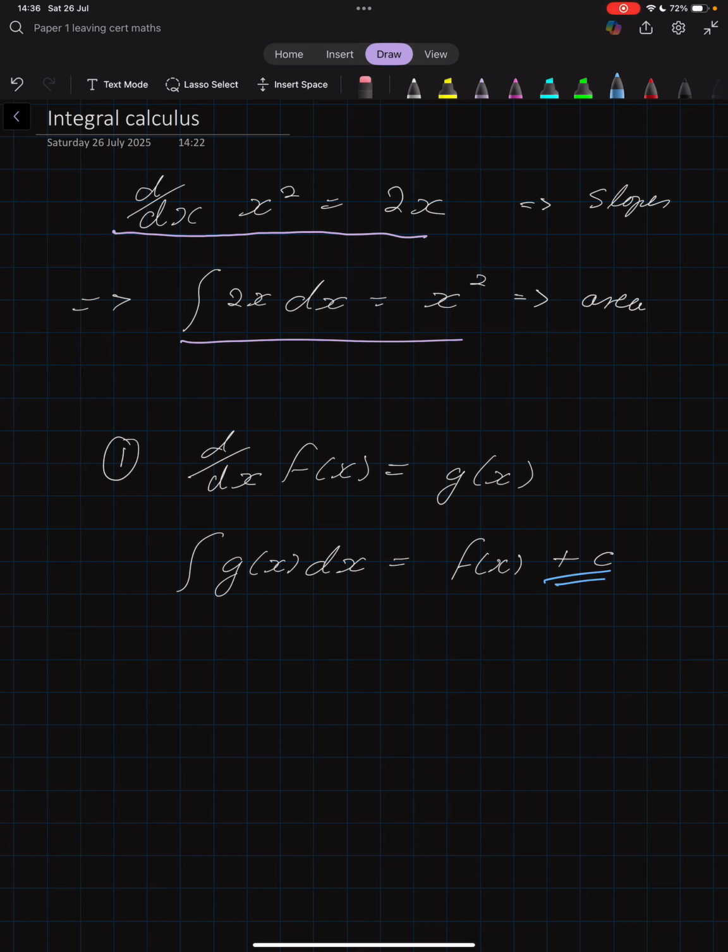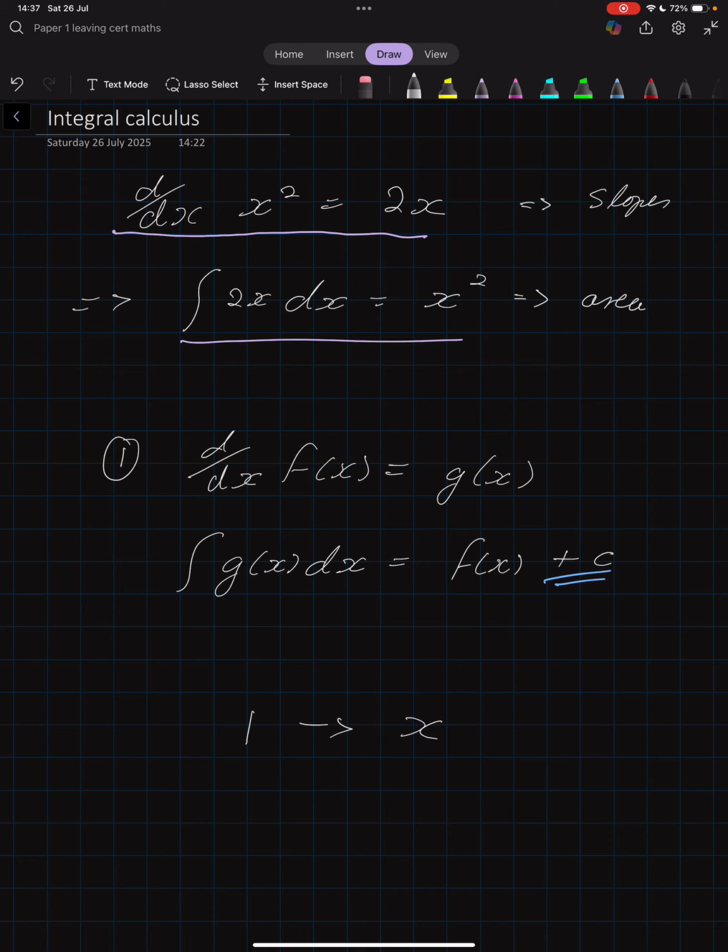The reason you have to do plus c is you're adding a constant. It could be 1, it could be 3, it could be minus 2.4, whatever. If you're integrating, you always get this constant of integration. If I tell you the derivative is 1 and ask what the integral is, what did I differentiate to get 1?